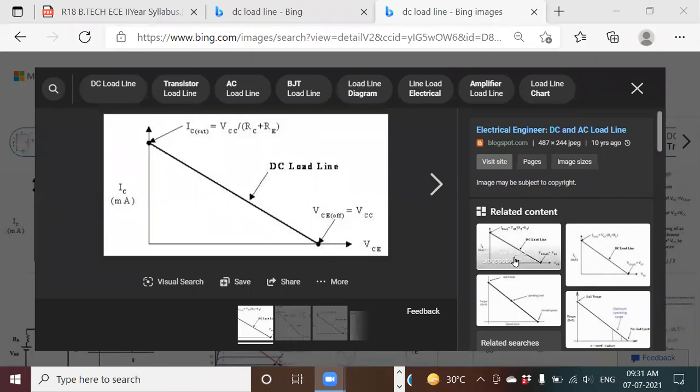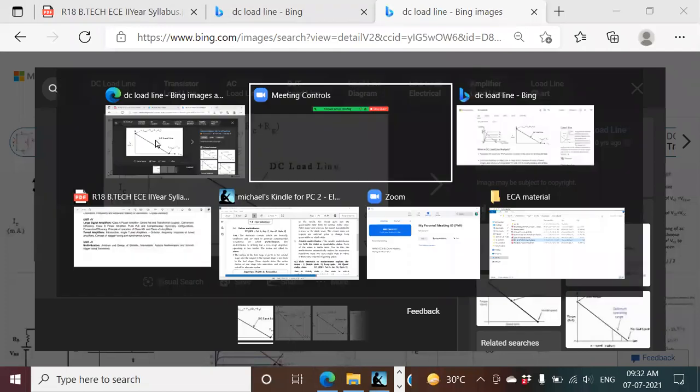Either we are here, where the current is 0, so the transistor is off, or we are here, where the current is maximum, meaning the transistor is on. I hope this point is clear. Now we will go into the multivibrators.